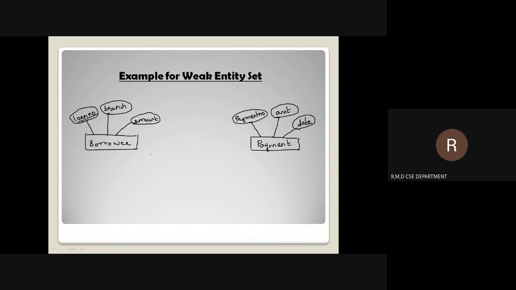A person who has a loan in a particular bank is called a borrower, and a person can have multiple loans in the same bank. So the payment number associated with the payment entity set cannot act as a primary key because it could not provide complete information about the loan to which the payment is meant for.